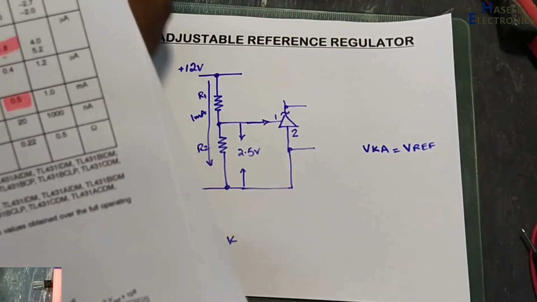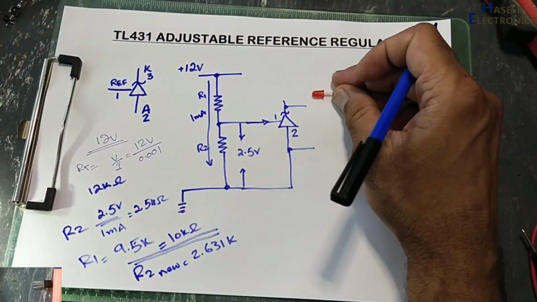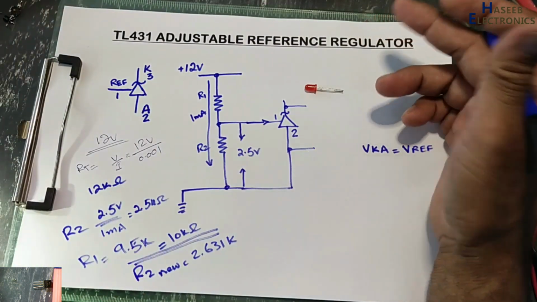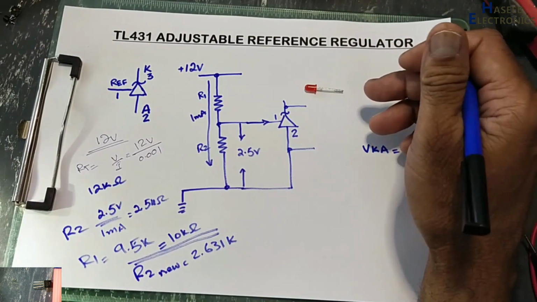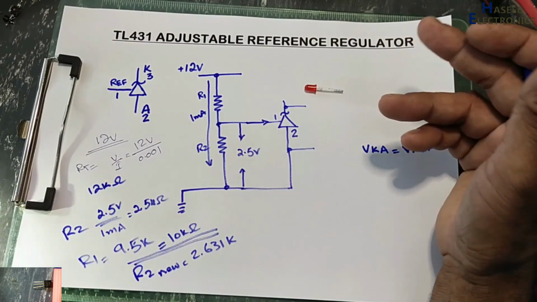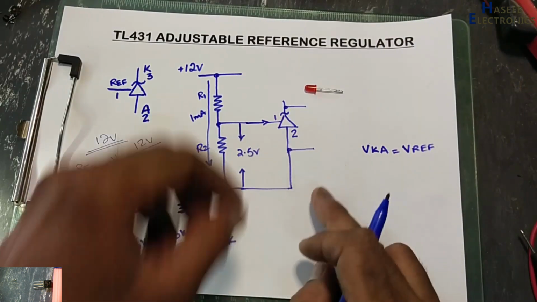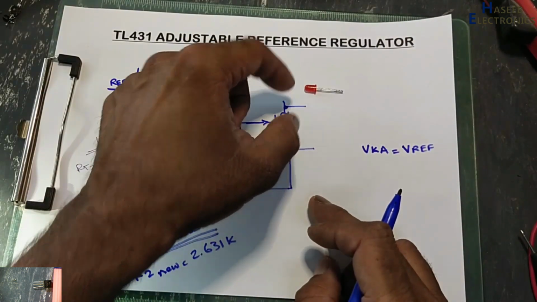For example, I want to turn on this LED. Its standard current is 10 milliampere, and I want to turn it on at mid level, 7 milliampere, 8 milliampere. We can obtain current from 1 milliampere to 100 milliampere from this output transistor.